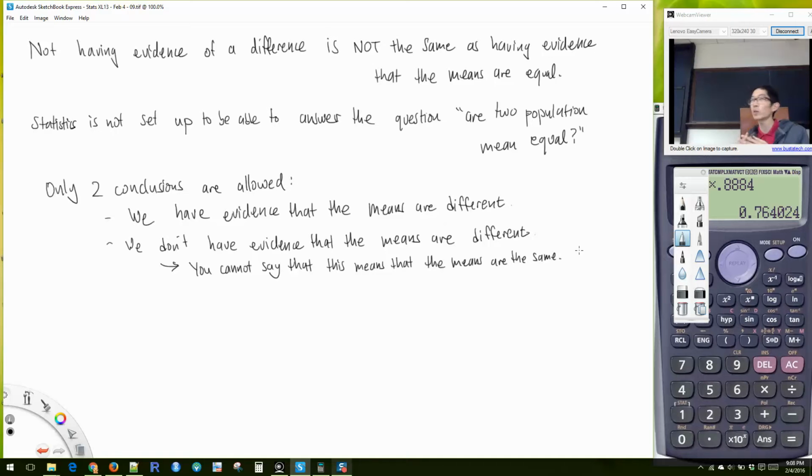That's the only way we could actually say the two means are the same. Statistics isn't set up to do that. We can only say, we have evidence that they're different, or I don't have evidence that they're different.